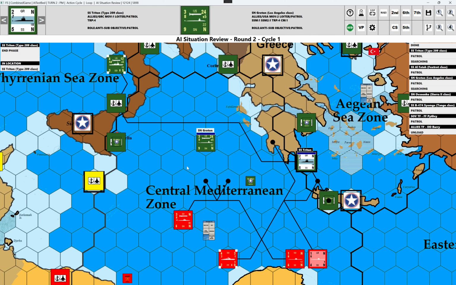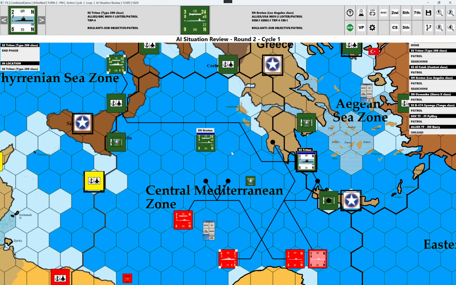Now, the ships here, we show some logic here. So depending on your AI aggression level, your ships may at some point choose to not move, but instead look for enemy subs, if they're in an anti-sub role.